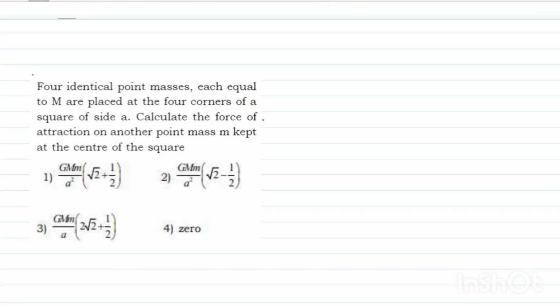Let us see the next question, students. The next question says 4 identical particles, point masses, each equal to M, are placed at the 4 corners of a square of side A. So here a square is given, and each mass is given as capital M. Calculate the force of attraction on another point mass M kept at the center.